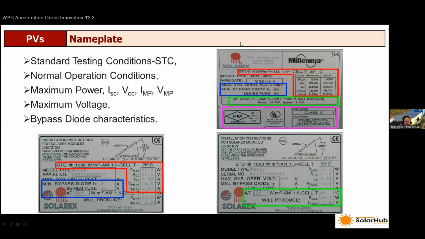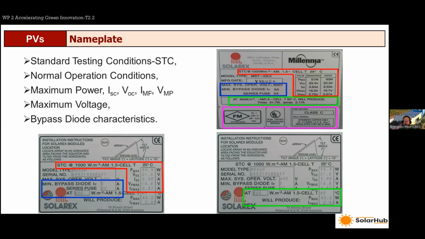Everyone has one. It usually provides information regarding the standard test conditions I mentioned earlier, which incidentally refer to 1000 watts per square meter, the cell temperature at 25 degrees Celsius, and the atmospheric mass.